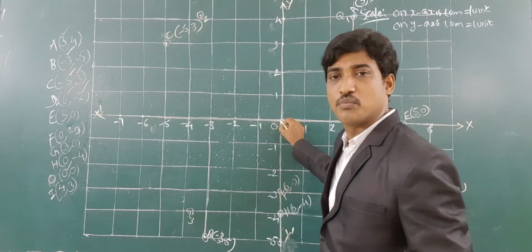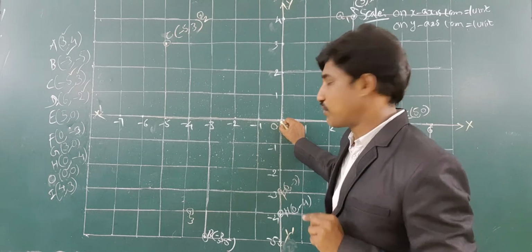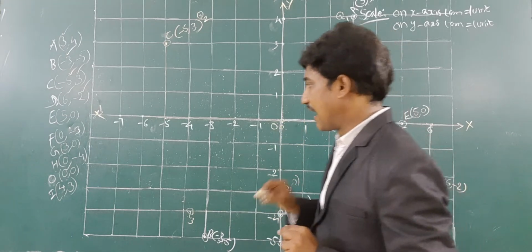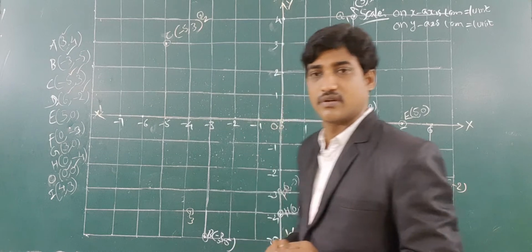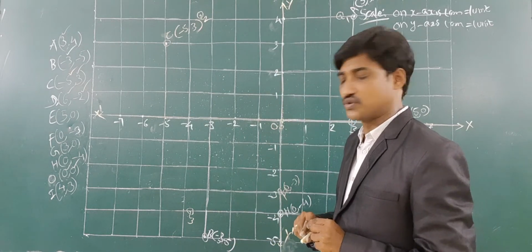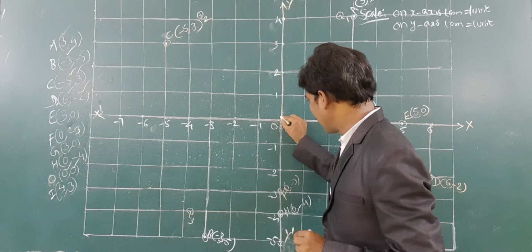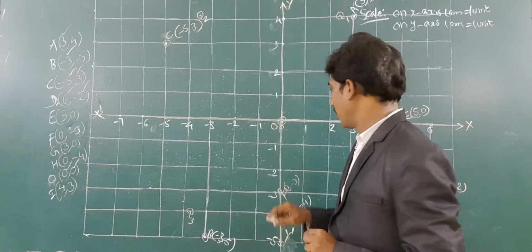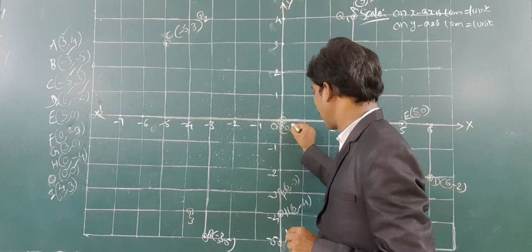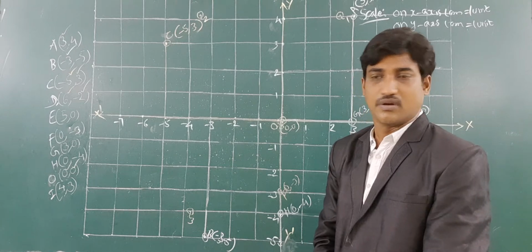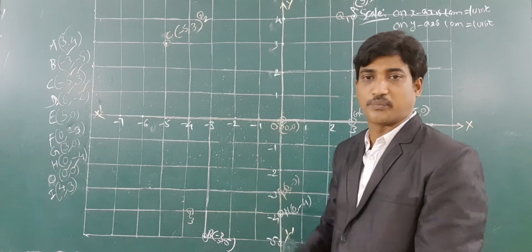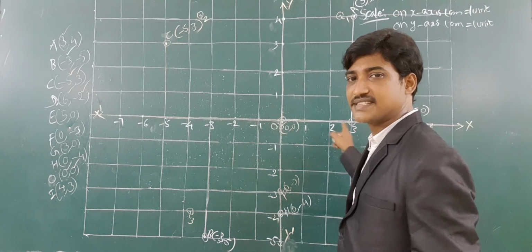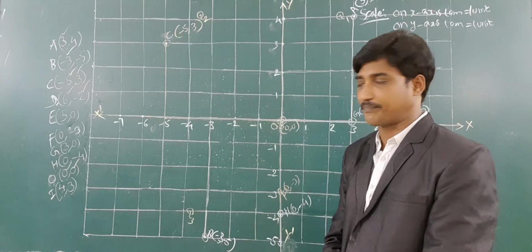So from 0 we need to move vertically. If the y coordinate is positive, move upward. If it is negative, move downward vertically. As the y coordinate is also 0, neither positive nor negative, at this intersecting point O represents the ordered pair (0, 0). O is the origin (0, 0). The origin lies on both the x-axis and the y-axis.